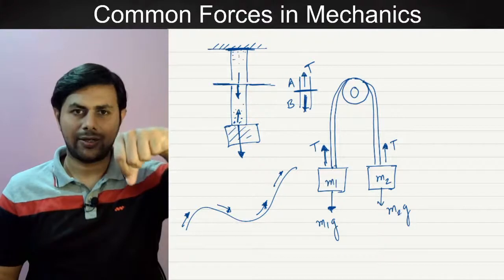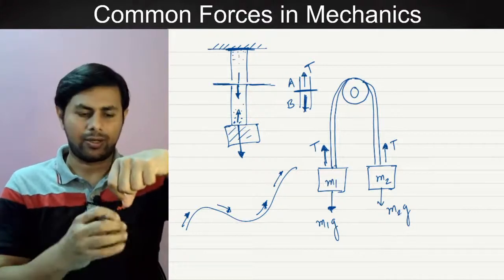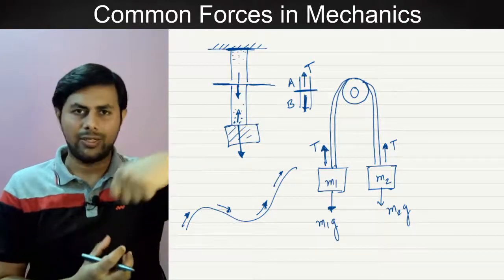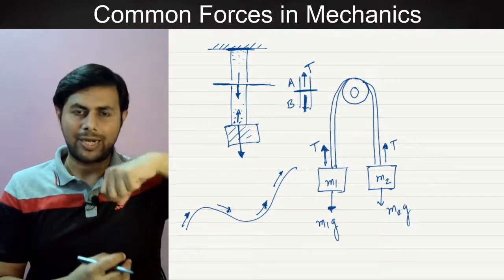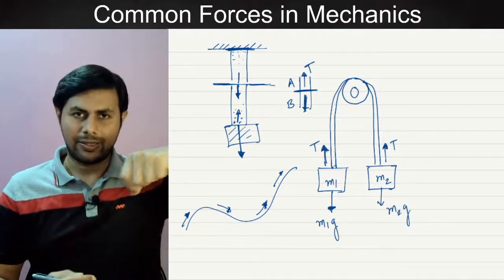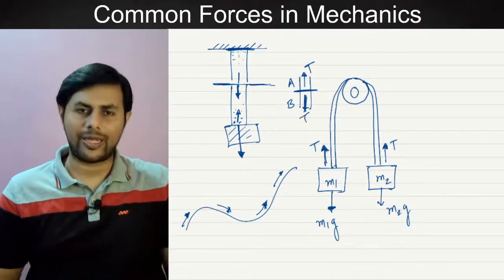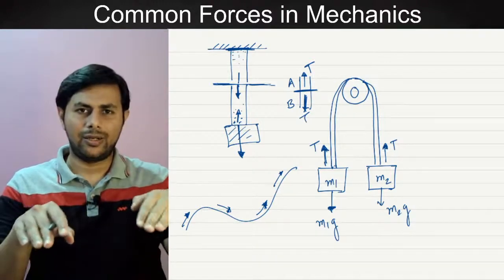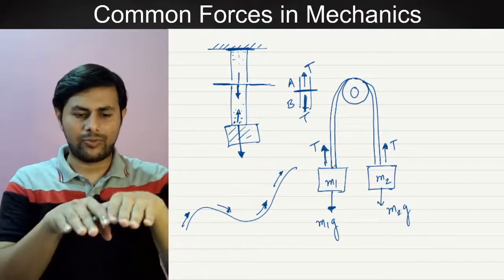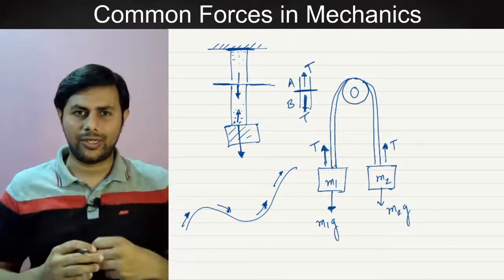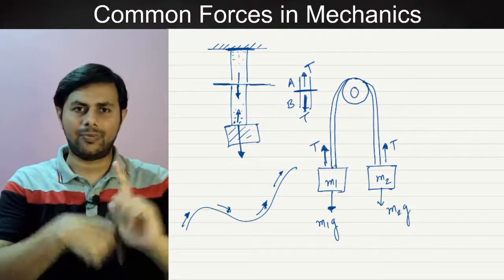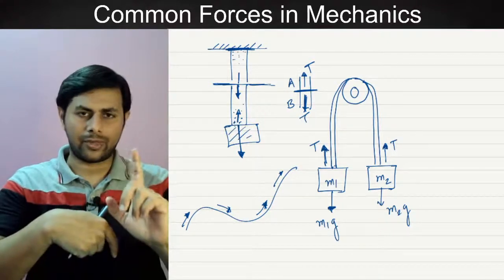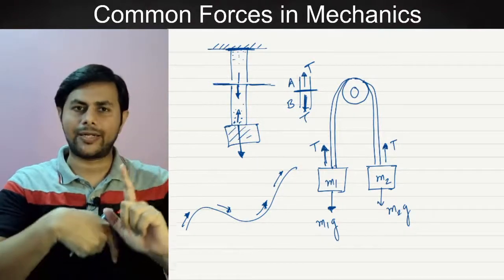Part A is holding the part of the rope below it, and also the weight, so it is pulling this part upwards, so tension in this part will act downwards. If we break the string at any point and consider two parts, then tension in those two parts will be directed opposite to each other.